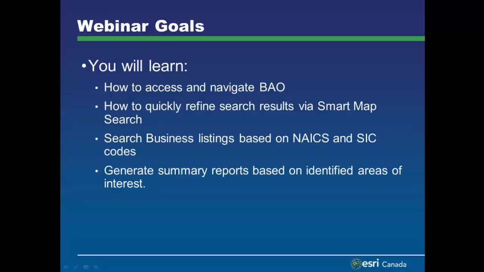And then finally, once we've identified our candidate sites, we'll generate some profile summary for each of these sites, so you can see the true reporting power that comes along with Business Analyst Online.